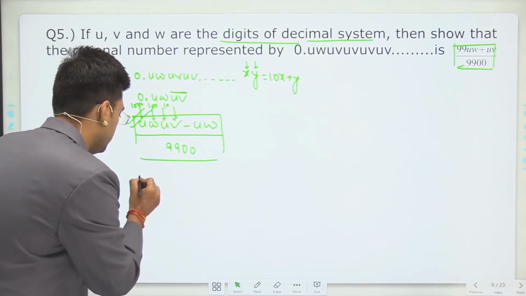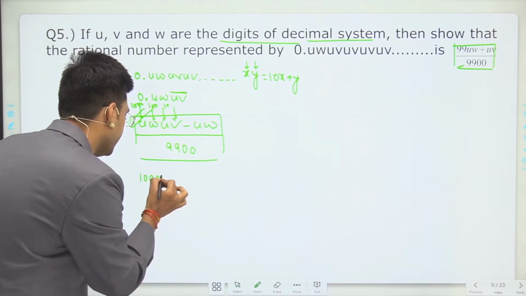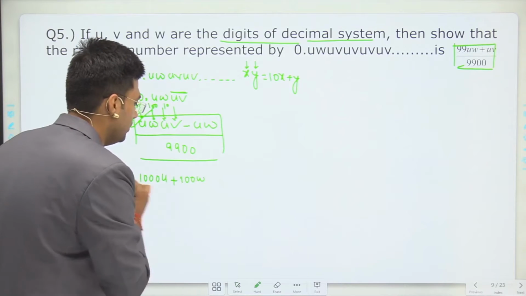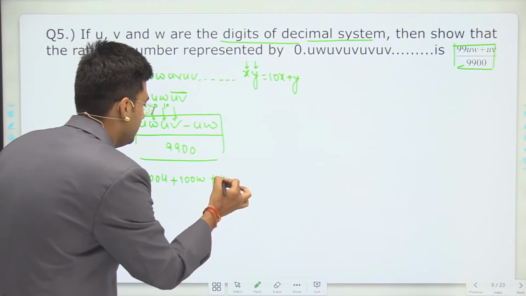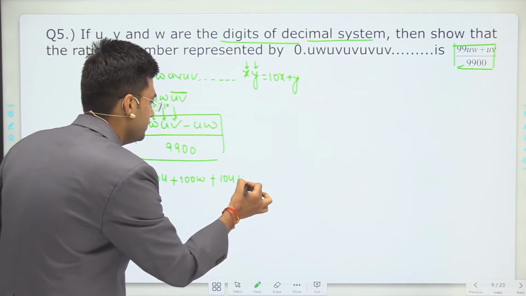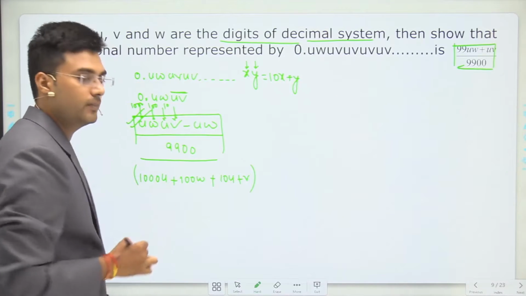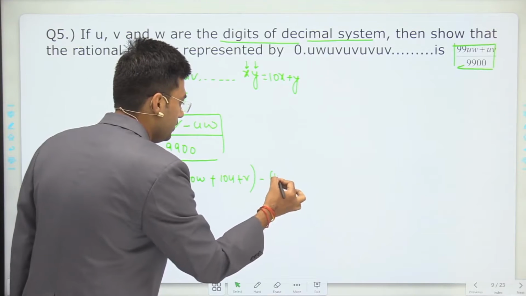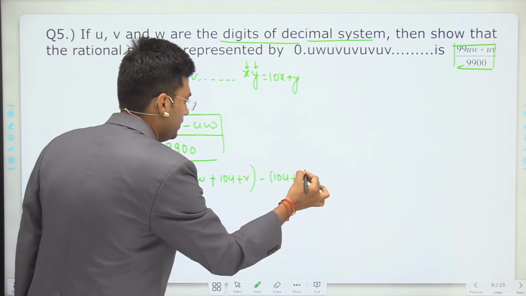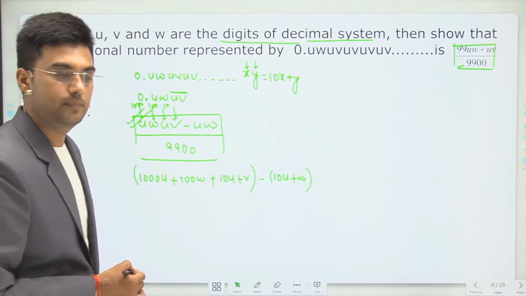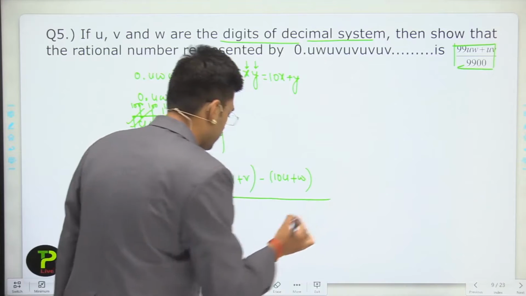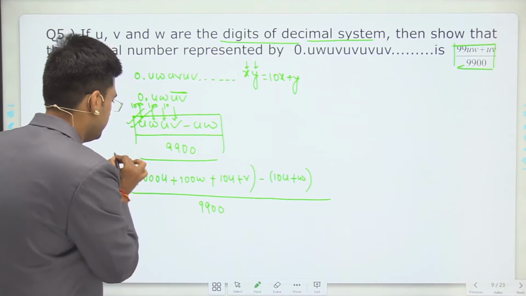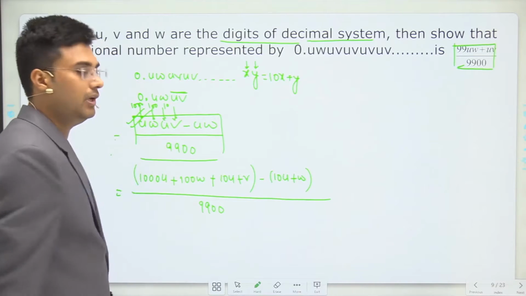So when we generalize it, what will we get? 1000U plus 100W plus 10U plus V. Okay. Now UW is equal to 10U plus W. Clear? Now it is divided by 9900. Clear?